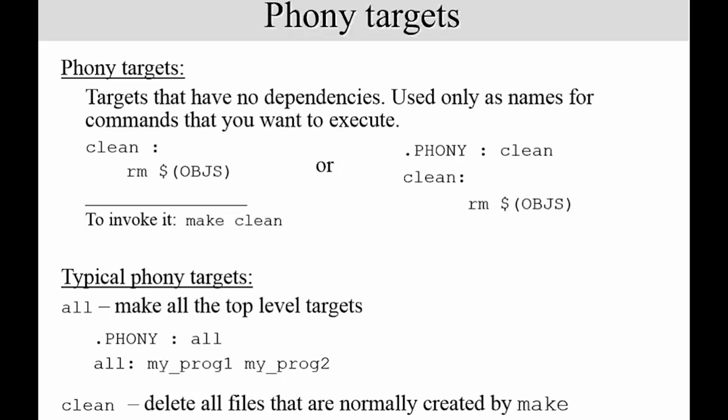You can also specify in a long form, .PHONY: clean, and then specify clearly that clean is a phony target. And then to invoke this, you can just say make clean, and it will run that.